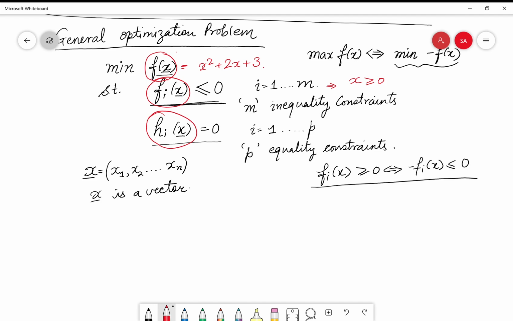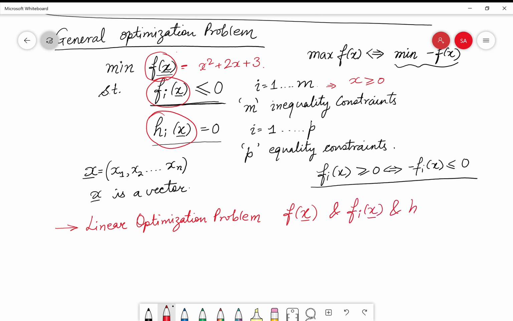One kind could be a linear optimization problem, in which f of x, fi of x and hi of x are all linear.